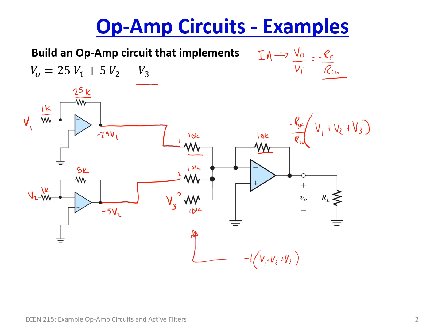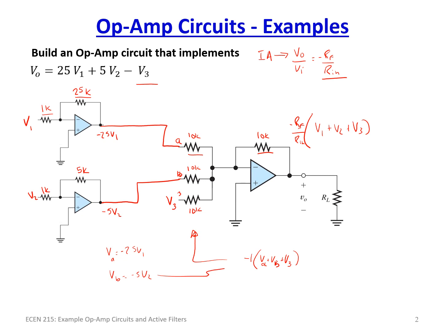But V1 here, in fact, I'm going to call this VA, VB, and VC, just so we can designate this as a separate stage. In fact, we'll leave this V3 because that truly is our input. But VA is equal to minus 25 V1, and VB is equal to minus 5 V2.